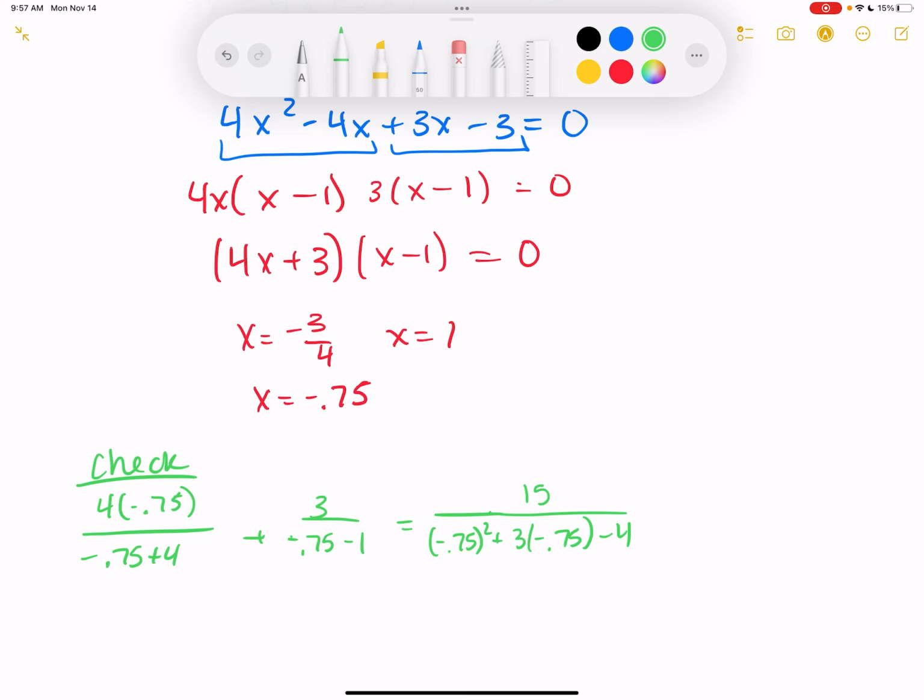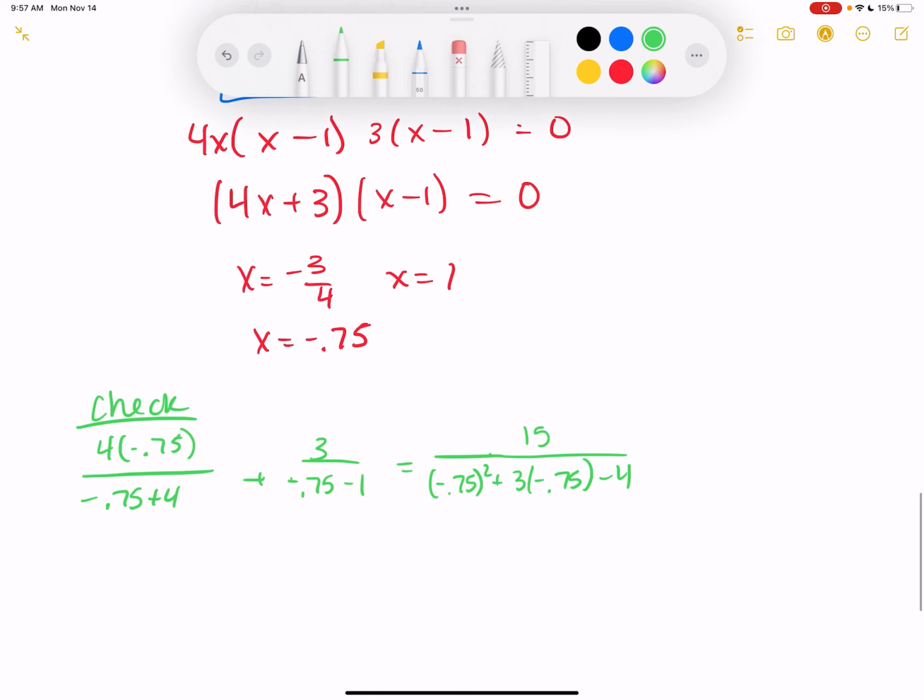Negative 0.75. I almost said 65. I don't even know what to do. What an icky number. Actually, no, this is what I'm gonna do. That is reversed.